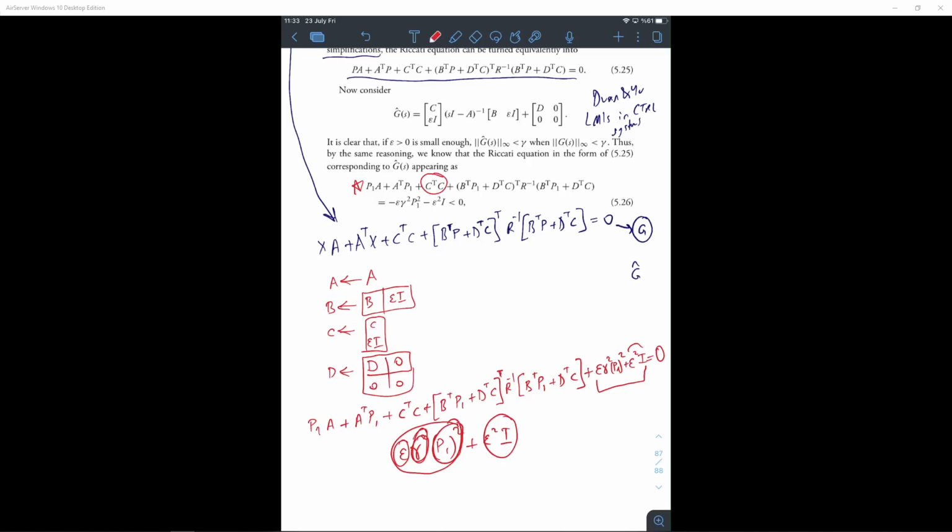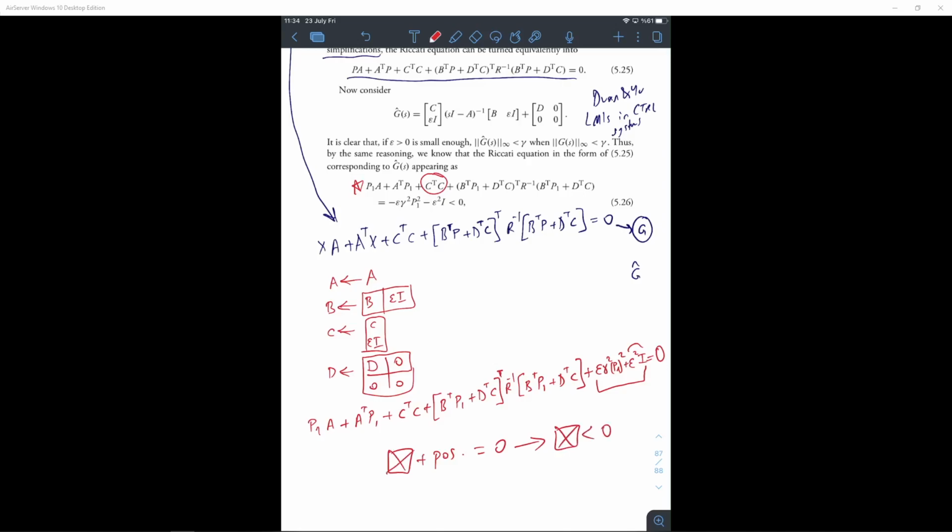This is a positive term, right? And something plus positive term equals 0 indicates that something is less than 0.